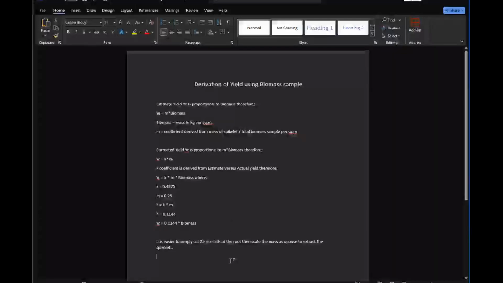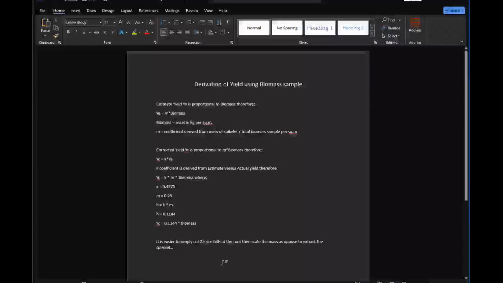So rather than me bringing along a 1 square meter tool, I just cut 25 hills. That's what I noticed. When I did 1 square meter, it's 21 or 22. Well, 25 is really the ideal number. So just take 25 hills and then extract the spikelet.